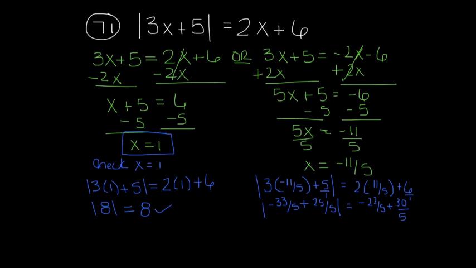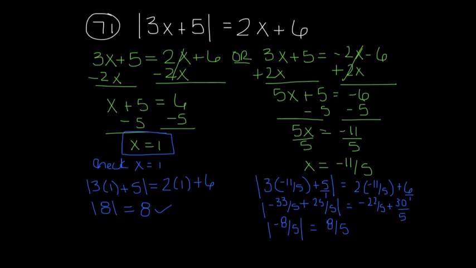Simplify this a little bit more. The absolute value of negative 33/5 plus 25/5, well, negative 33 plus 25 is negative 8, so this is negative 8/5. Again, please do not get lost in your operations with fractions. Equals negative 22/5 plus 30/5 is positive 8/5.